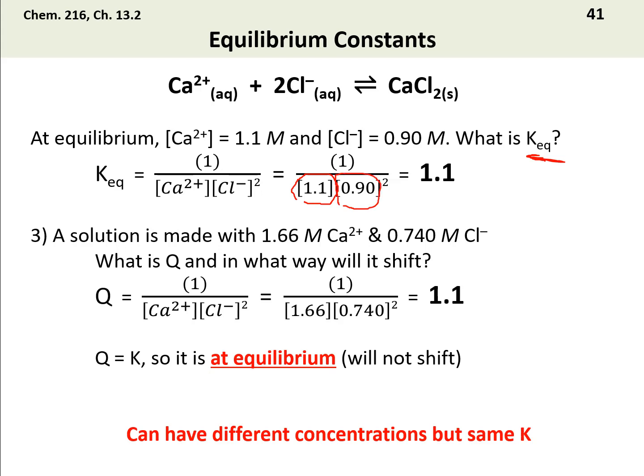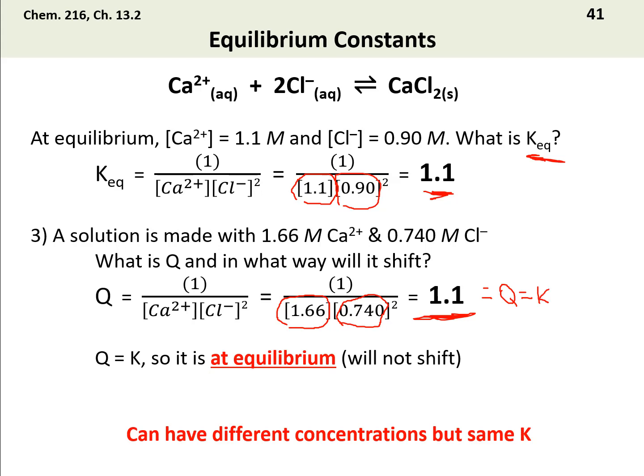Then we looked at a different solution, 1.66 and 0.74, calculated, and we got that 1.1 as well. So this equals Q, but it also ended up equaling our K.